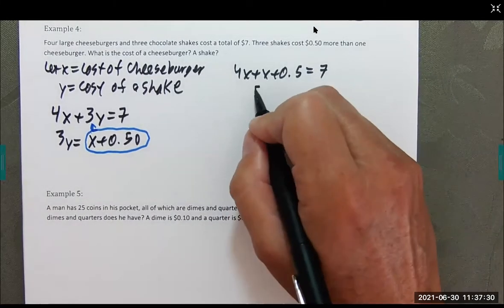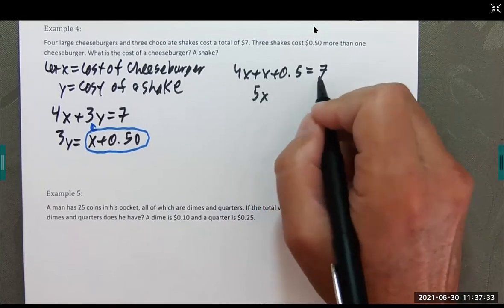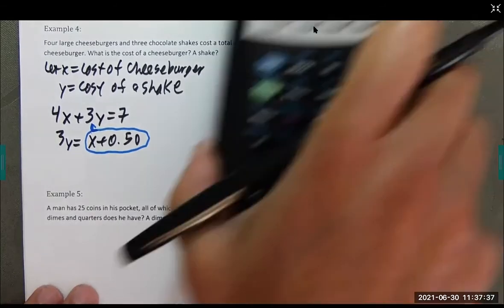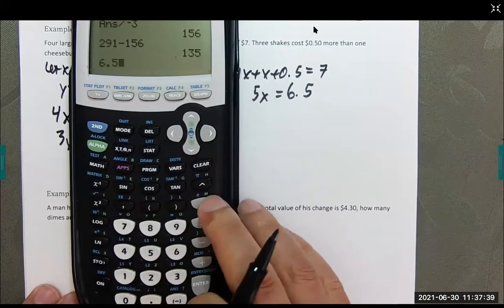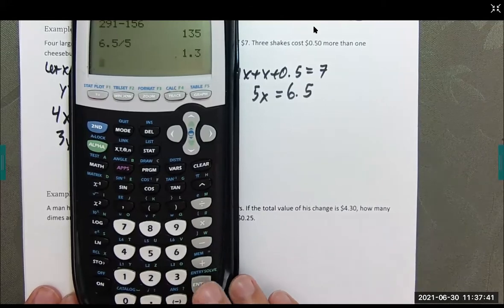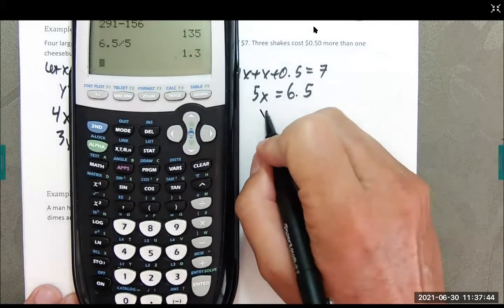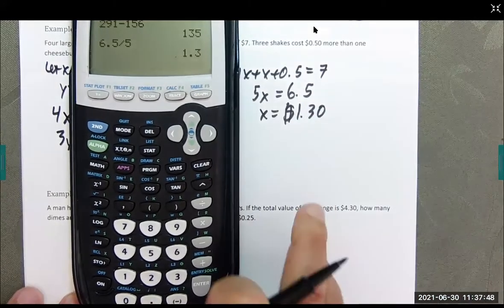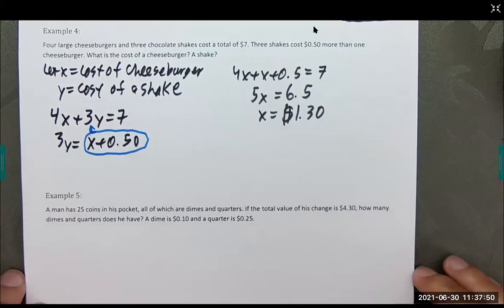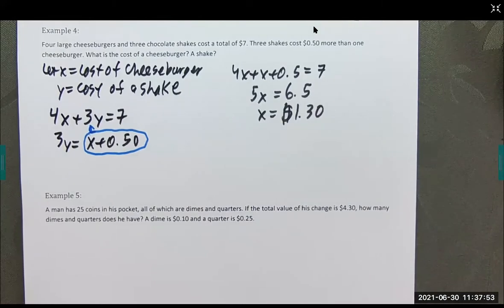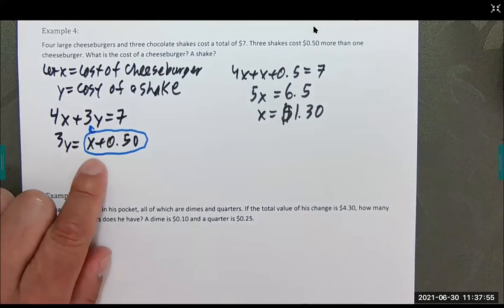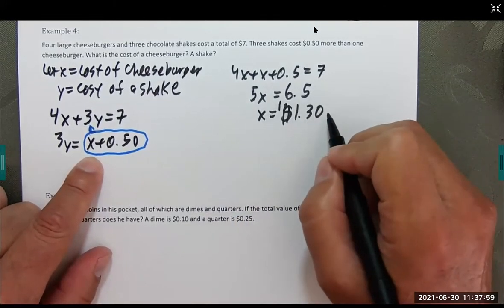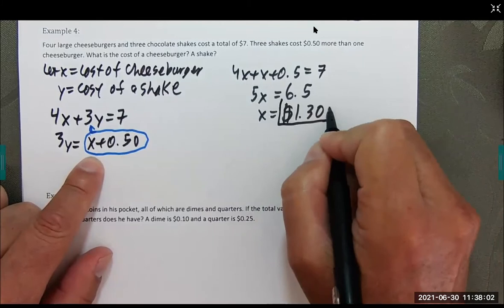Kind of cool. So that's 5x, and subtract the 0.5, so that's 6.5. 6.5 divided by 5 is $1.30. That's how much a cheeseburger costs. Well, that's a cheap cheeseburger. So now we can plug this into here. This is the cost of a cheeseburger.